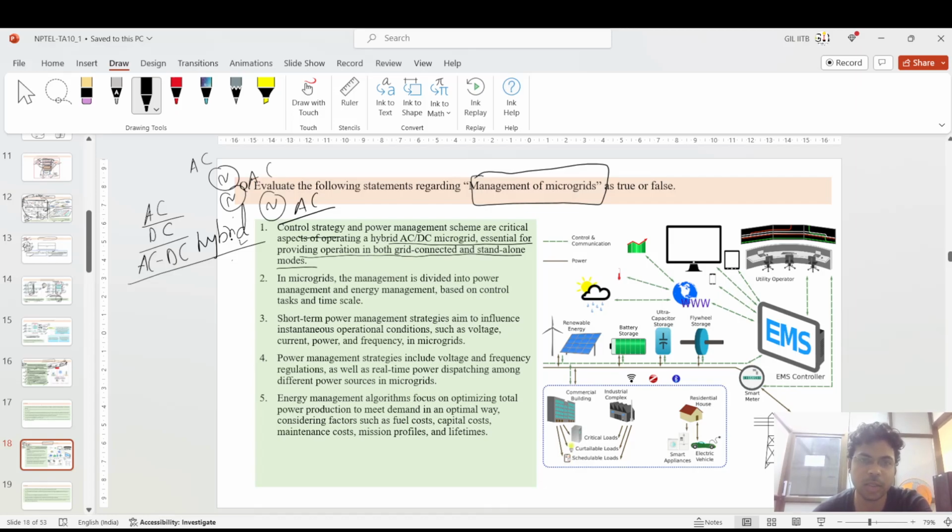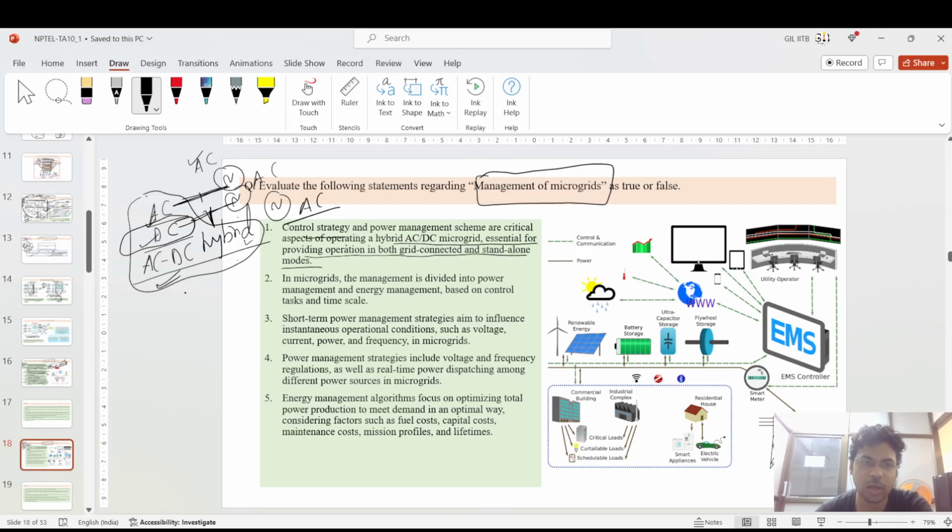So a certain kind of managing feature or control strategy is needed between the AC utility grid and these hybrid microgrids or AC to DC microgrids. In both situations, when it is connected to the utility grid or when it is not connected, you have to manage the microgrid in such a fashion that it can generate power based upon the voltage level and current requirement of your system. So the first statement is true.